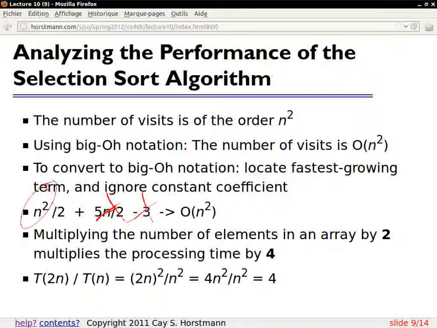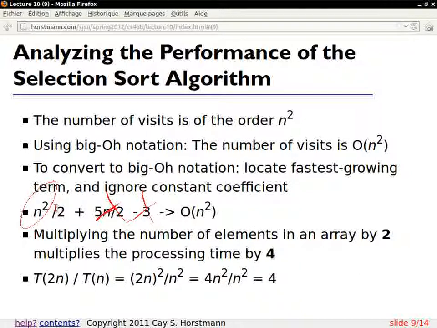We don't care that it's n squared over 2. Because when you check by how much it grows when I double the input, whatever factor is here is going to cancel out anyway. So we don't care if it's 10n squared or 20n squared or n squared over 2 or n squared over 100. The fact that it's n squared, that's what we care about.